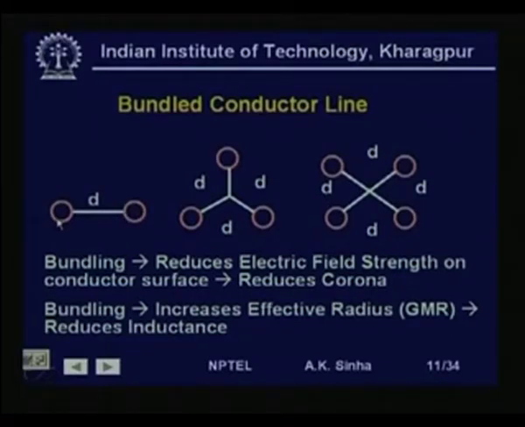So, here what we see is that the surface area of the conductor increases considerably, and because of this the electric stress reduces. Another effect that we get when we bundle the conductors is that it increases the effective radius, or the GMR or the self distance of the conductor considerably, and this reduces the inductance, which is one of the reasons why we use these bundle conductors.